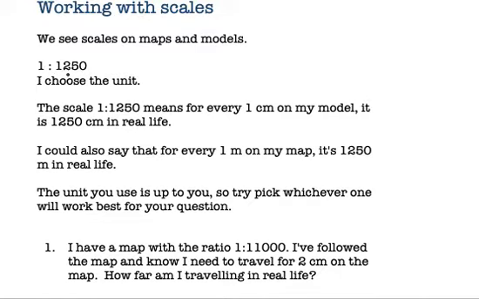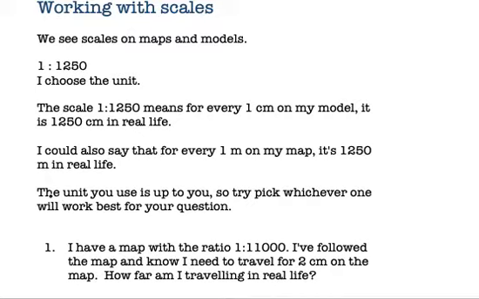I can choose the unit as long as I keep it consistent. So I can say, for example, that this scale 1 to 1,250 means that for every 1 centimeter on my model, it's going to be 1,250 centimeters in real life. So I can also say that for every 1 meter on my map, it's 1,250 meters in real life. Okay, I pick the unit, and as long as it's consistent, it's fine.